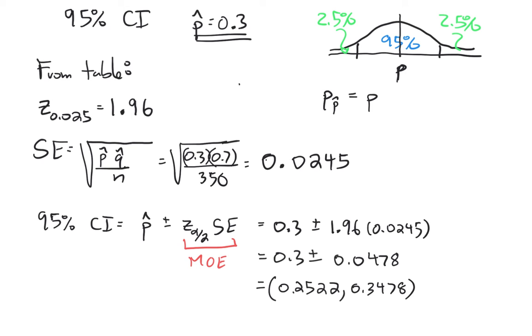And if you read this in news articles, or if you hear it on the news or polls, you'd probably hear it reported as, well, the PCs are polling at 30% plus or minus 4.78%.